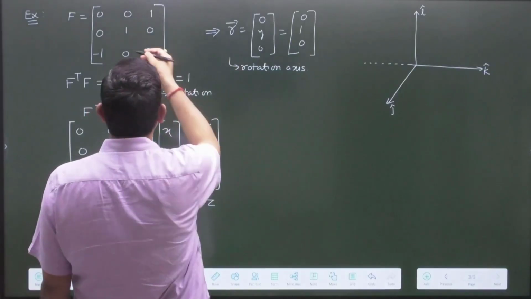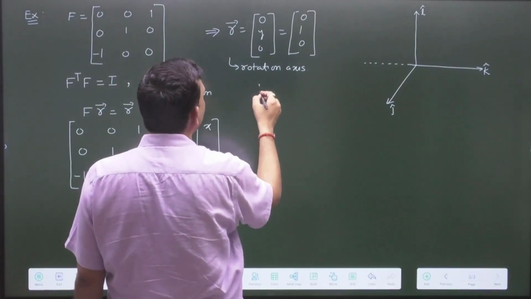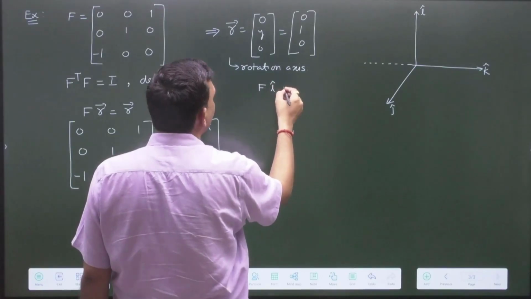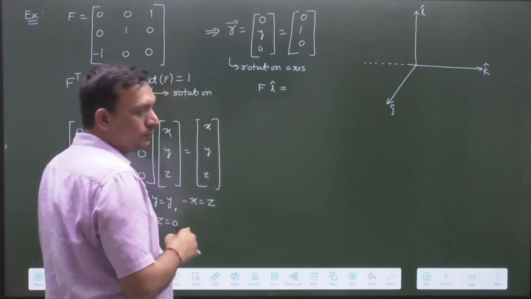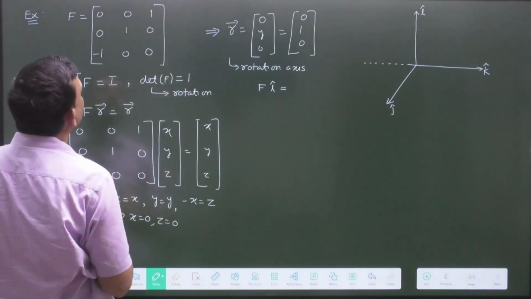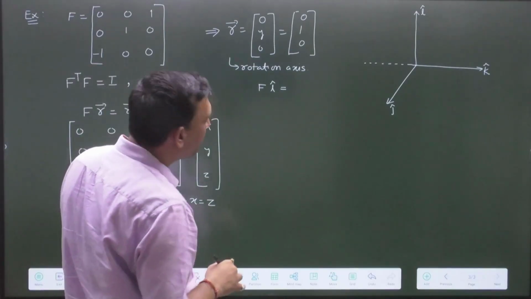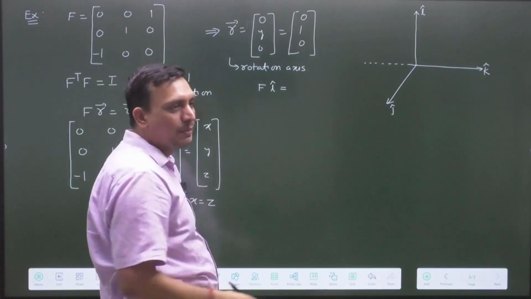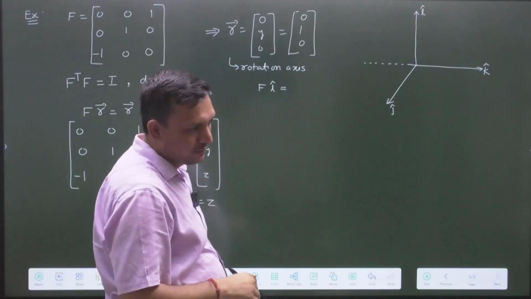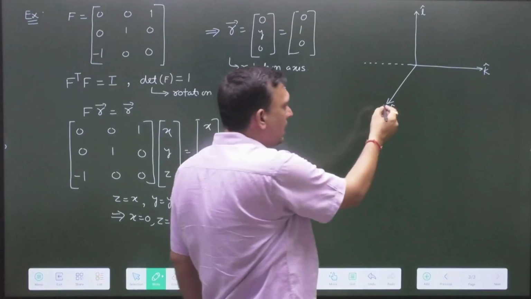Let's operate F on I cap. I cap is 1, 0, 0. You have to see how this vector will rotate about the rotation axis, which is the Y axis.